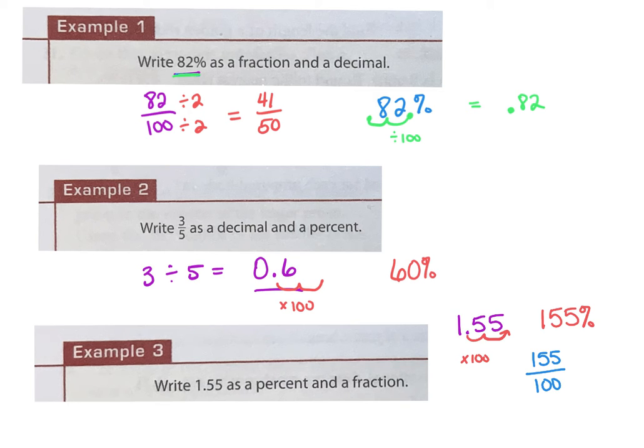What goes into 155 and into 100? Yeah, 5 goes into both of those. All right, so 100 divided by 5, that's easy. Yeah, so we're going to say 5 into 15 is 3. 5 into 5 is 1. So 31 over 20 is my fraction, and 155% is my percentage.